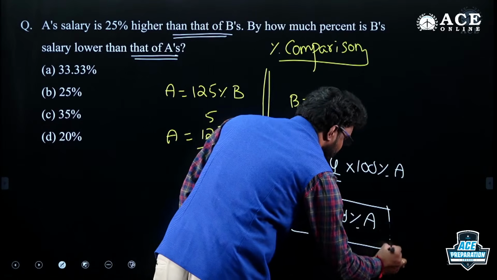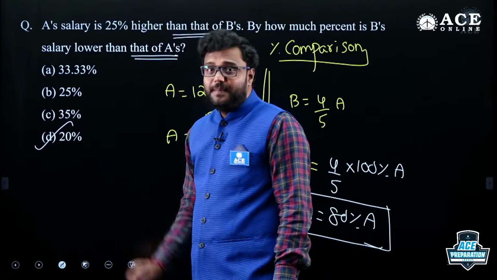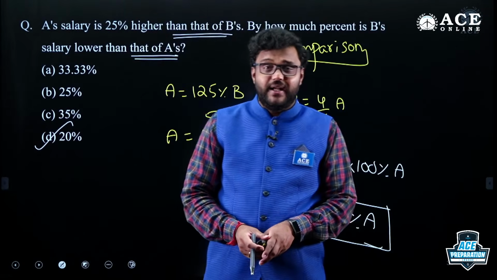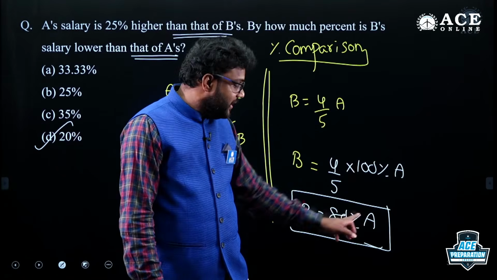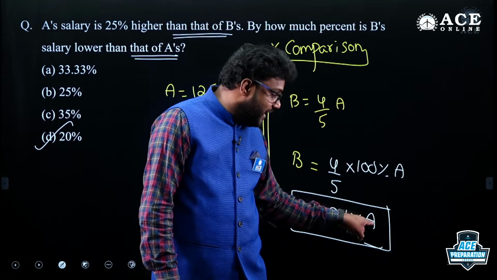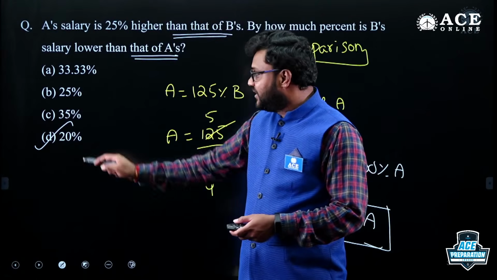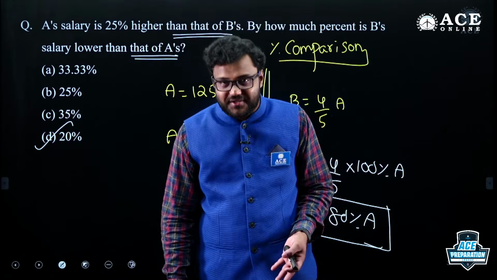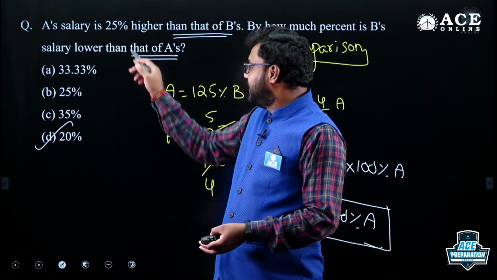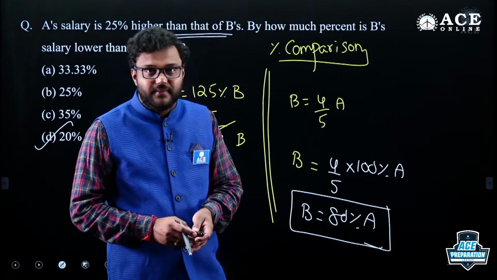B is 20% less than A. So it's option D, 20% lower. A is 25% higher than B, B is 20% lower than A. This is comparison: you are comparing with A, you are comparing with B, and that is changing here. When you have values, how to handle it, we gave in the introduction already. But if it is in terms of percentage, how to handle, you can see here. Got it? Okay, comparison. Fine.